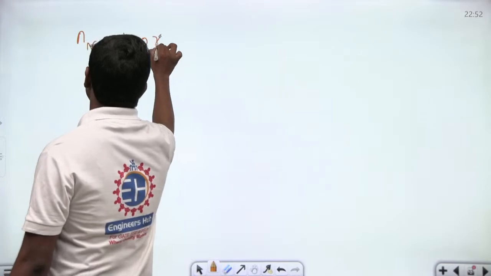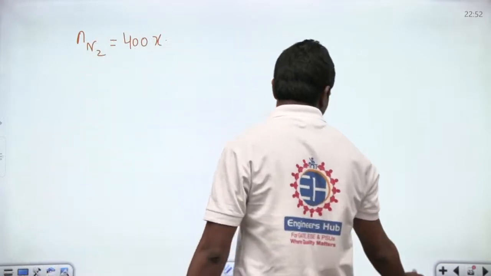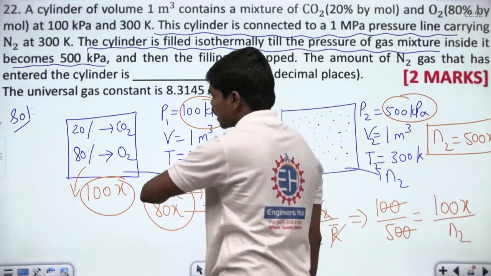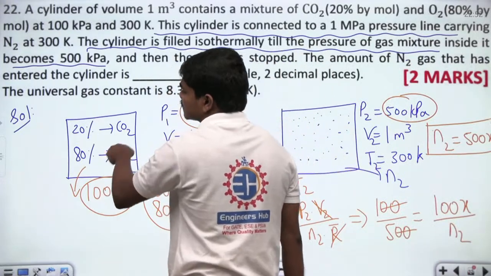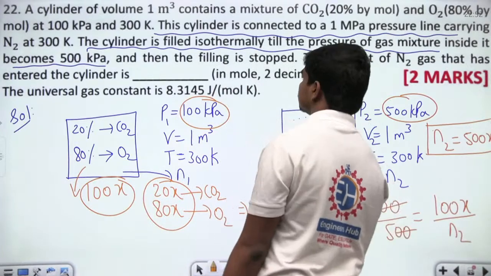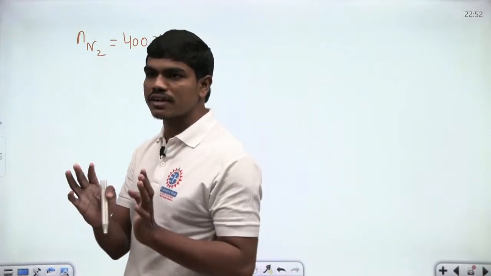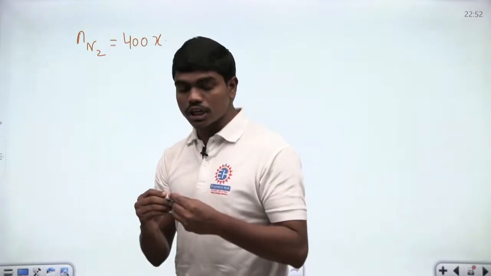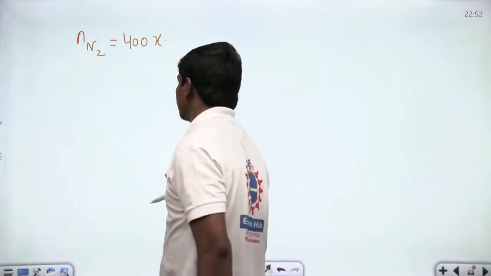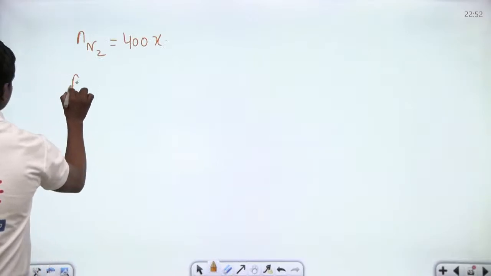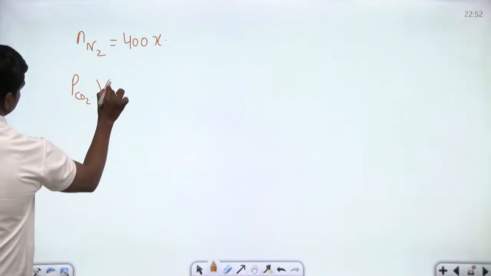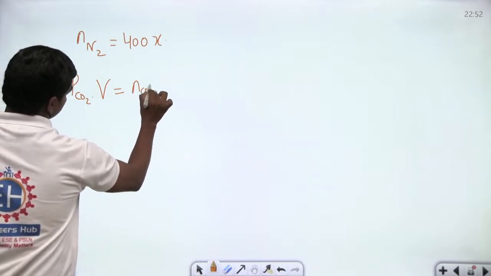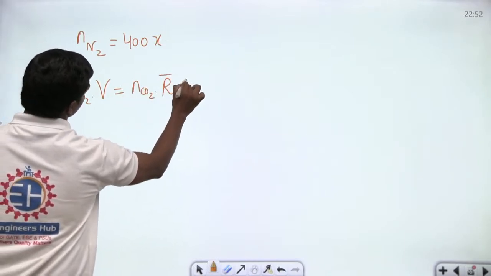So if you find the value of this X, then your story is done. To find this, the given initial pressure is 100 kilopascals and the mole fraction of CO2 in this substance is 0.2. See here, if you apply Dalton's law of partial pressure for this CO2, then we can write partial pressure due to CO2 times volume of the tank is equal to number of moles of CO2 times R bar times T. Correct?